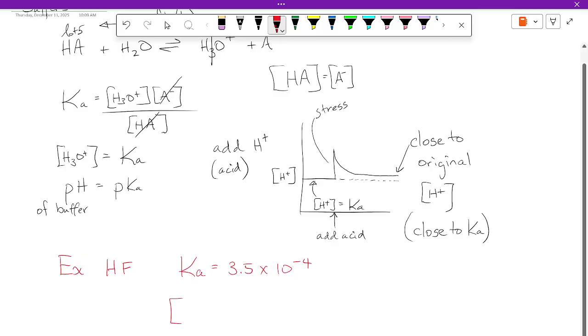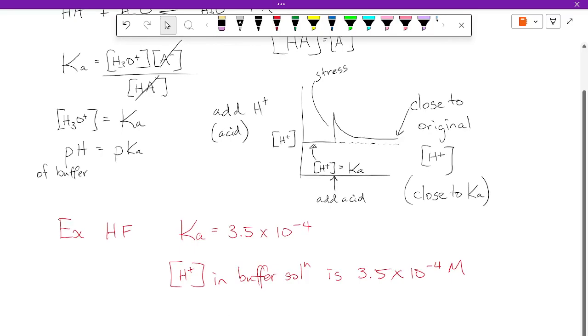That means the concentration of H+ in the buffer solution is 3.5 times 10 to the minus 4 molar. And if we want to, we can turn that into a pH value. So we can say pKa is equal to negative log of 3.5 times 10 to the negative 4.